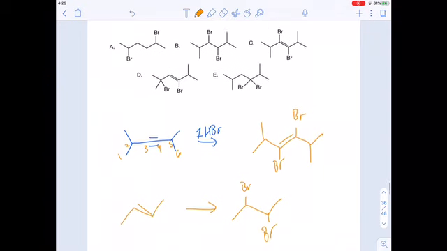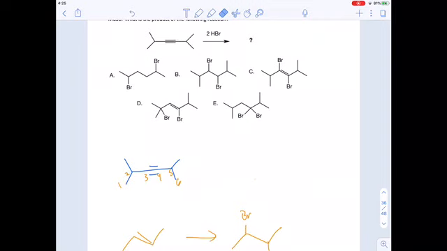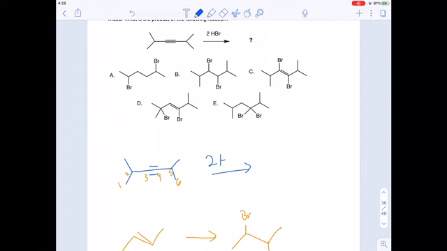And we've seen before that if you treat a double bond with HBr, you get rid of the bond and add Br to either side of the bond. However, 2 moles of HBr with a triple bond is kind of an interesting case because instead of getting the Brs added across the triple bond, you're going to get this instead. 2 HBr.